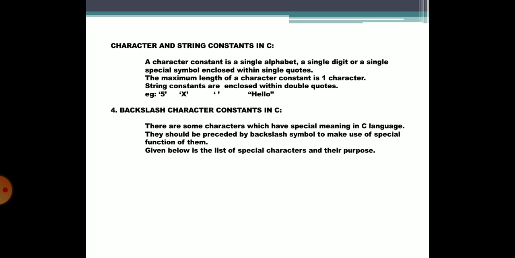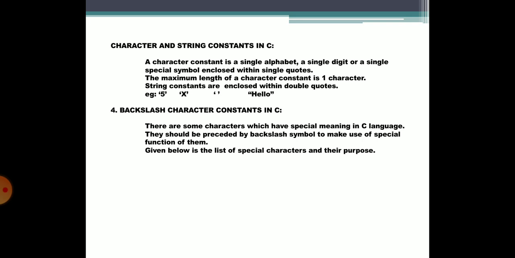Next are the character and string constants in C. A single character constant, or simply character constant, contains a single character enclosed within a pair of single quote marks. For example, the number 5 enclosed within single quotes, or a letter X enclosed within single quotes.